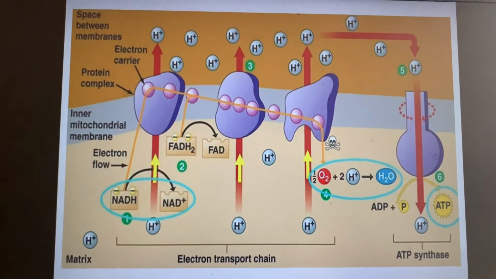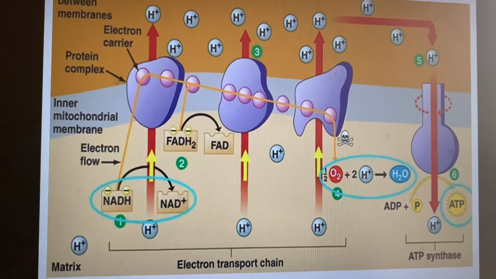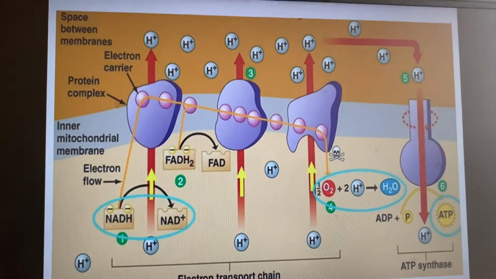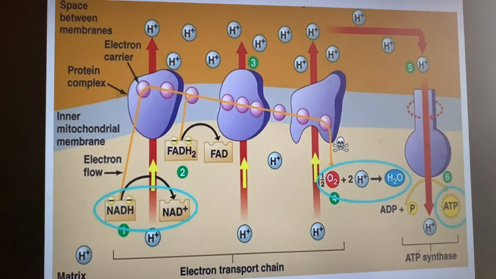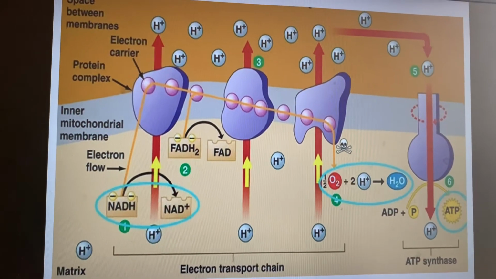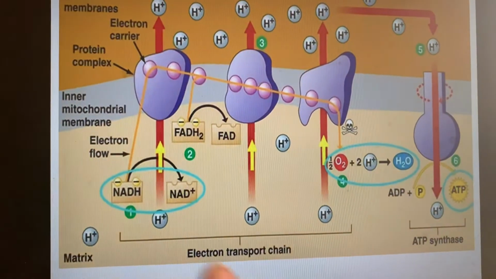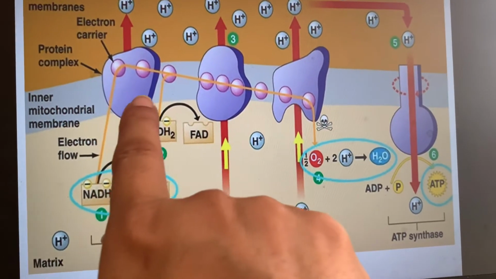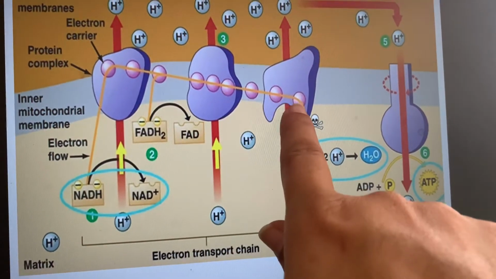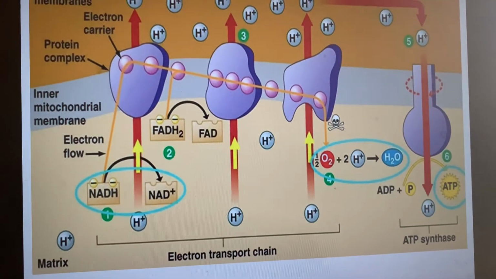Well, this is the first scheme, one out of 3 which I will show you to explain the mechanism of the electron transport chain. You can see these 4 steps, 1, 2, 3, and 4. These steps constitute the electron transport chain.